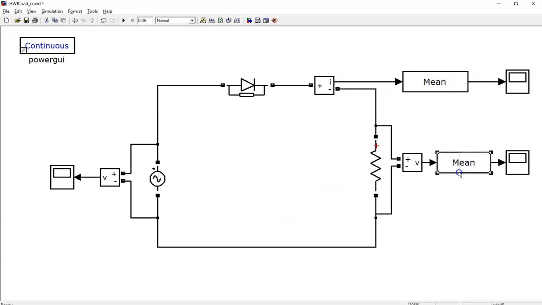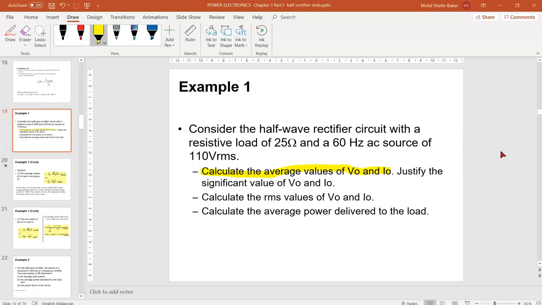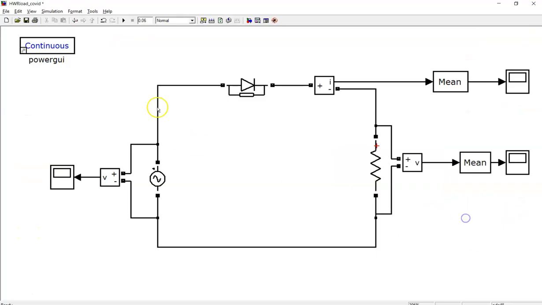You can resize them. Based on our discussion before, we have determined the average output voltage and output current are 49.52 volt and 1.98 amp respectively. So now we start the simulation.